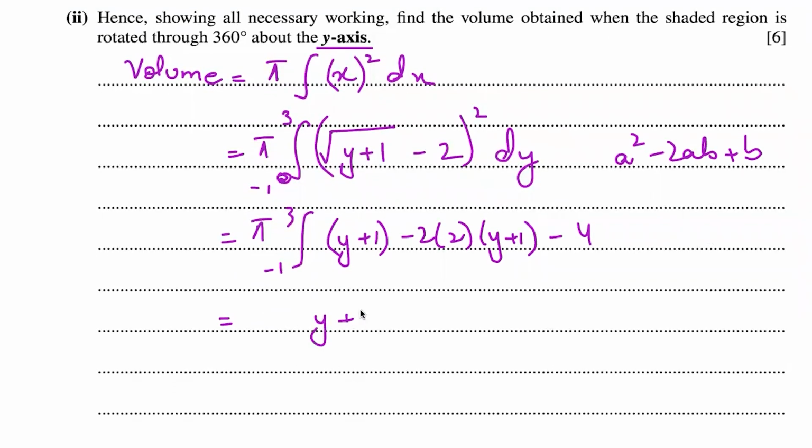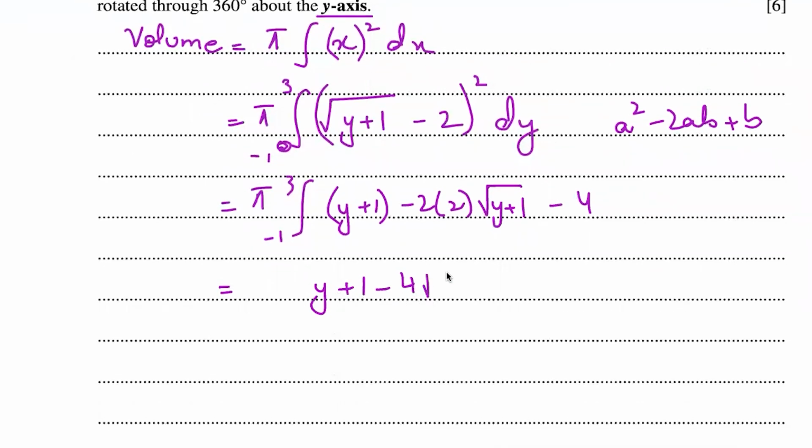Simplifying this, we get y plus 1 minus 4 times square root of y plus 1 plus 4.